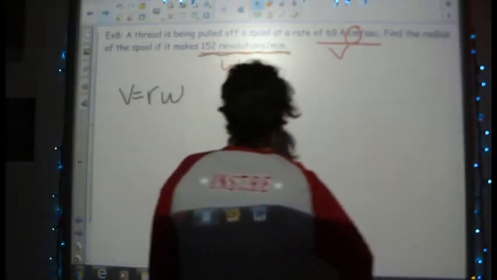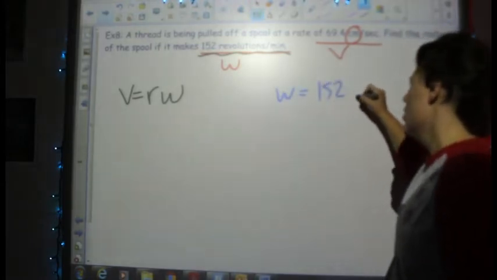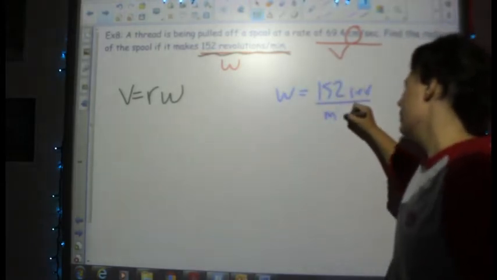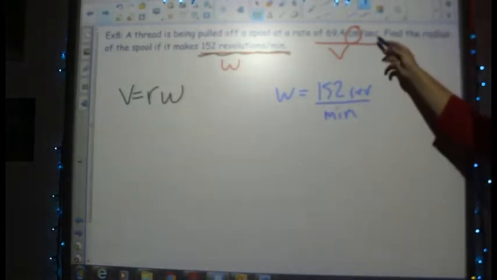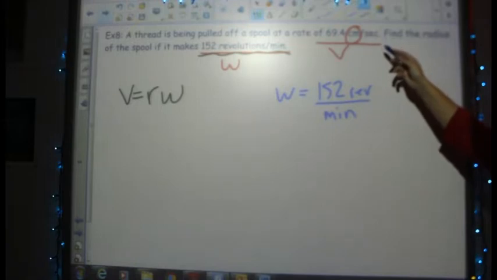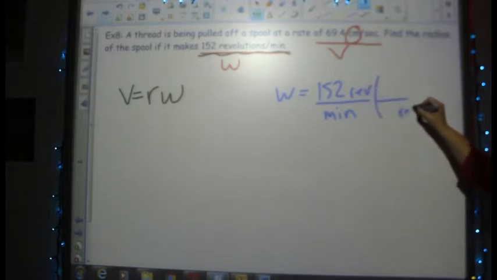So I'm going to come over here on the side, and I'm going to find W. For W, I have 152 revolutions per minute. The per minute is fine, I have no issues there, except up here it's in seconds, so maybe we need to change that. The most important thing is that we change the revolutions. So if I have a revolution on top, I have a revolution on the bottom, and I want to go to radians.